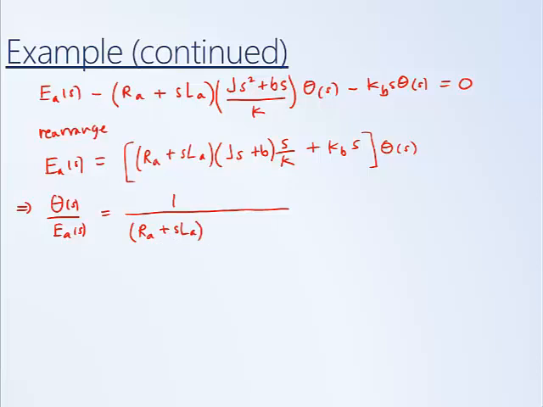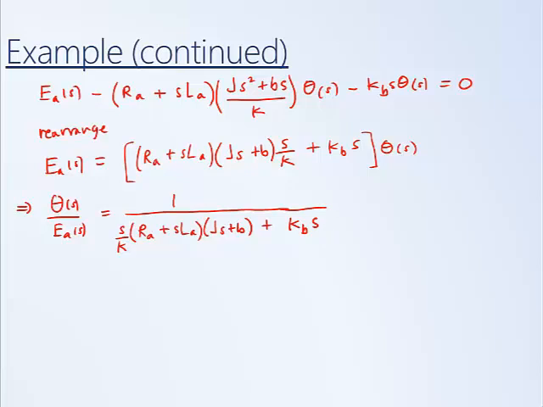Quantity RA plus SLA times the quantity JS plus B. I have S divided by K, multiplying that whole thing. And I have KBS.